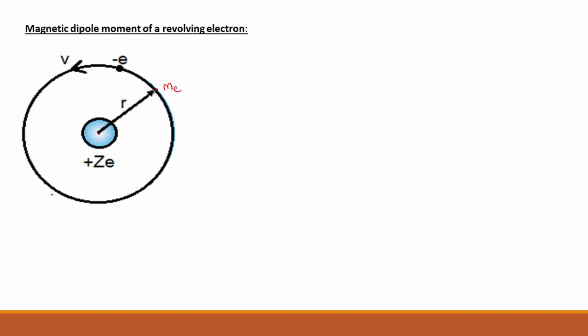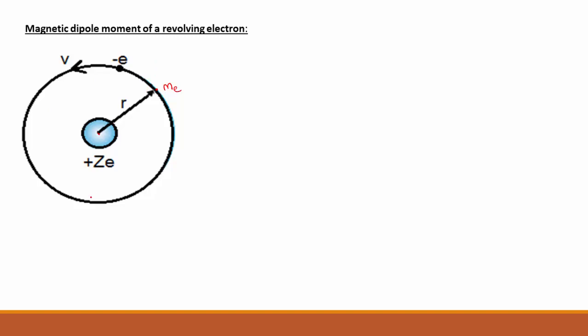Due to this uniform circular motion, when the electron is moving in the circular path, an electric current is produced in the anti-clockwise direction.